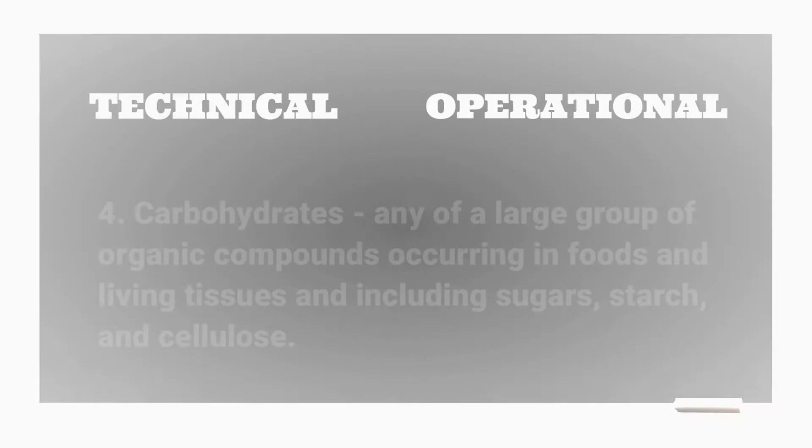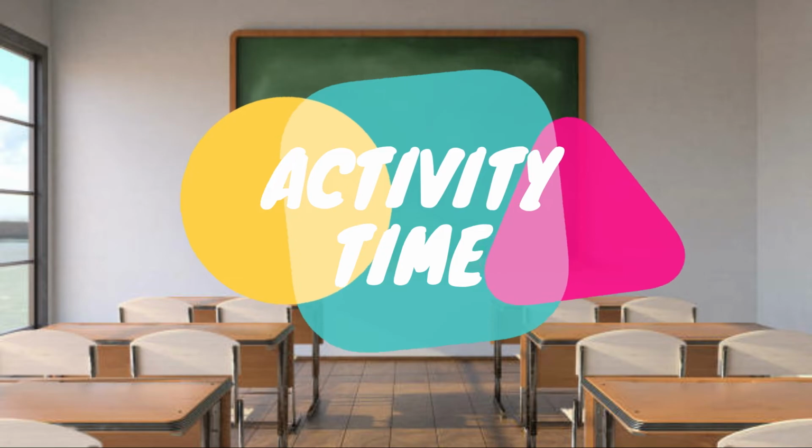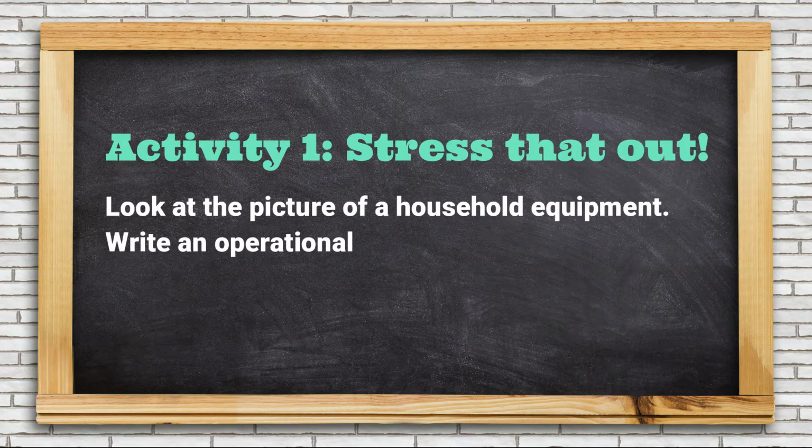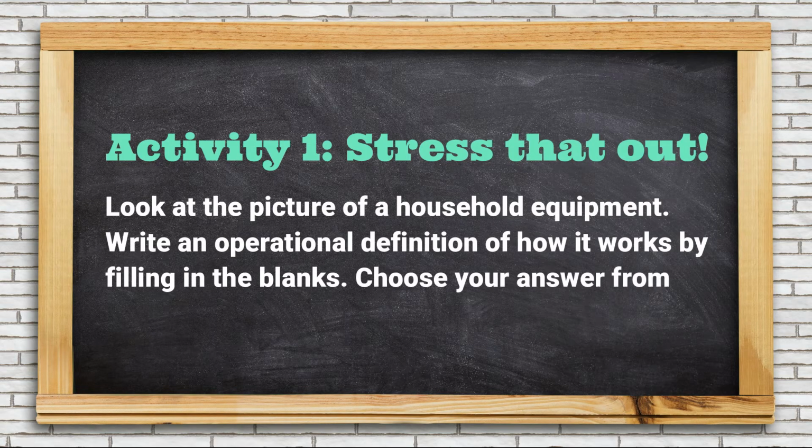Technical. Activity time! Stress that out. Look at the picture of a household equipment. Write an operational definition of how it works by filling in the blanks. Choose your answer from the word pool in the box.